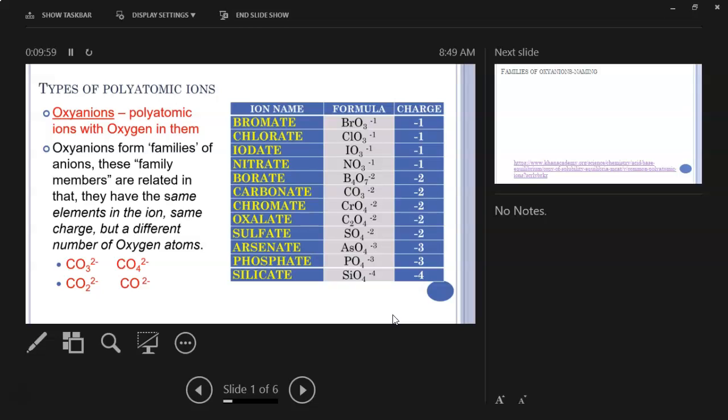Okay, so 1 more oxygen, add the prefix per, and that's it.